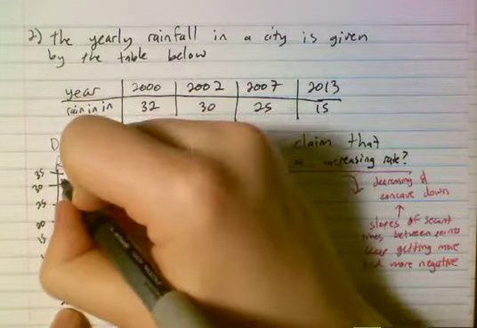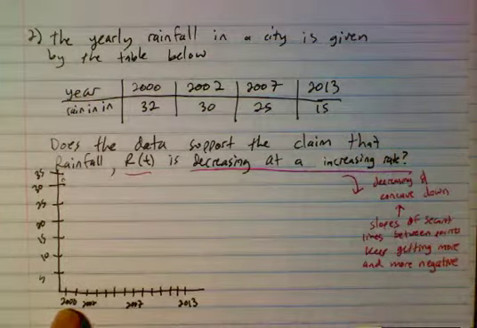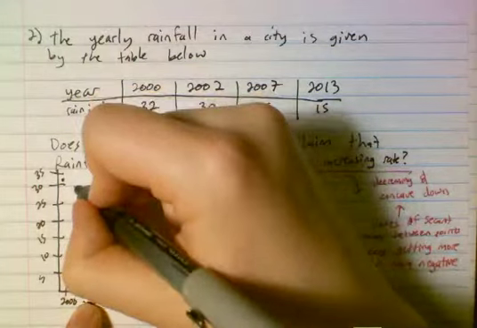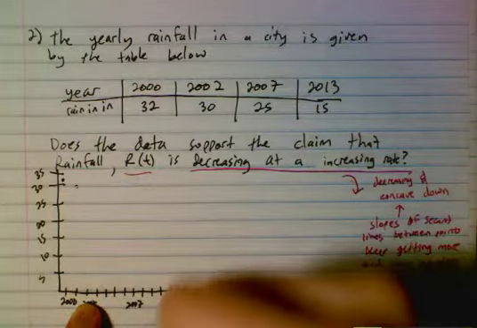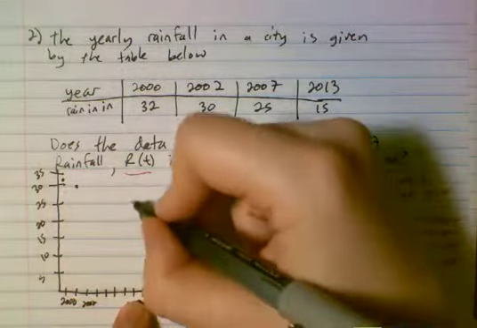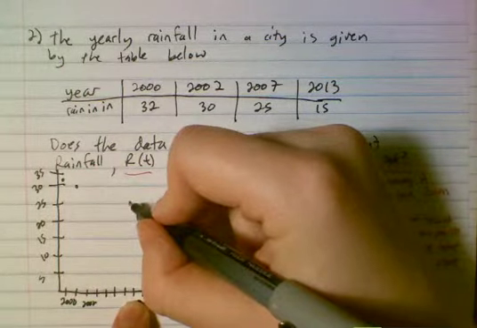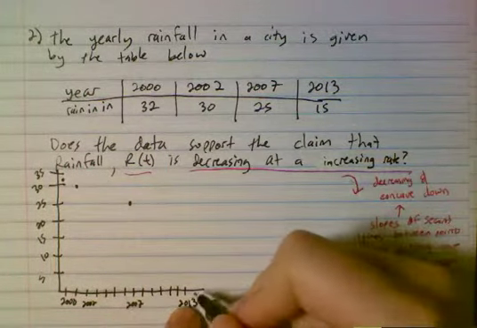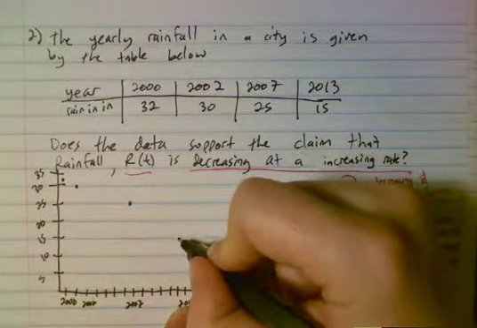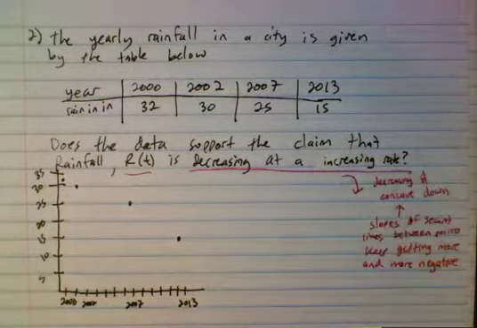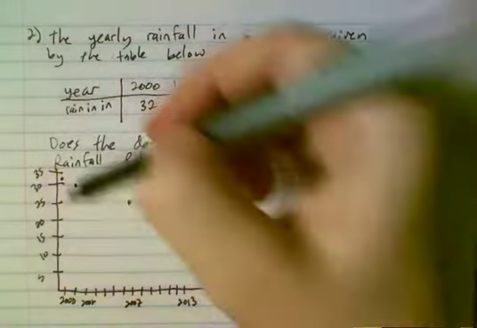Okay, so in 2000, right up here at 32. 2002, we're right here at 30. 2007, down at 25. 2013, down at 15. Not looking too promising.